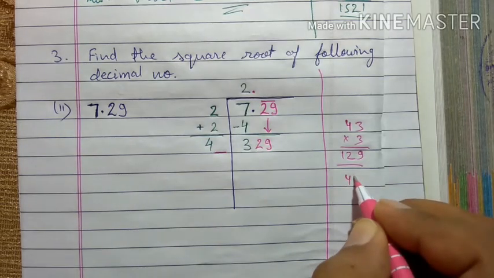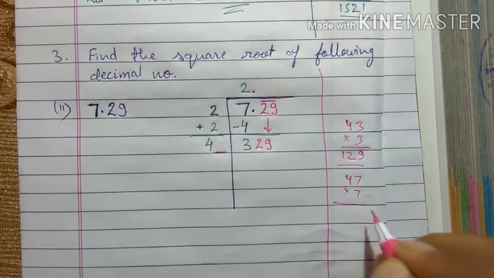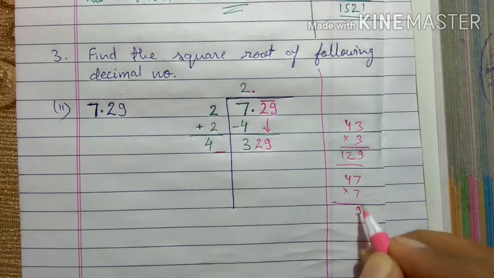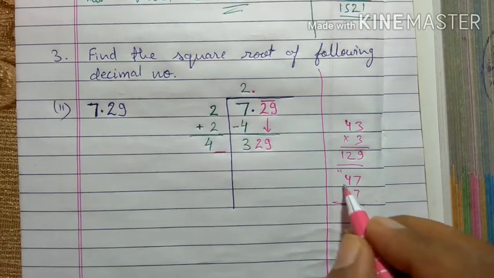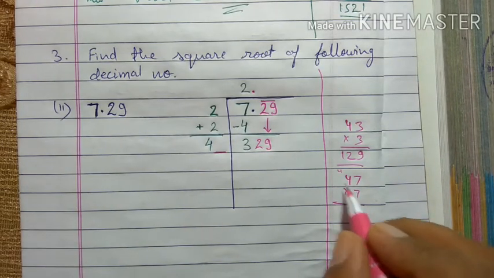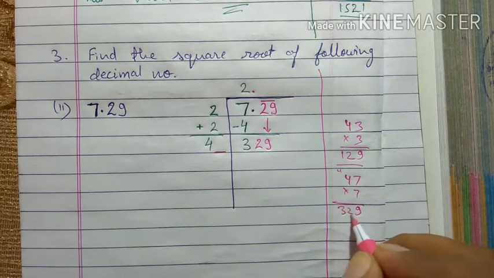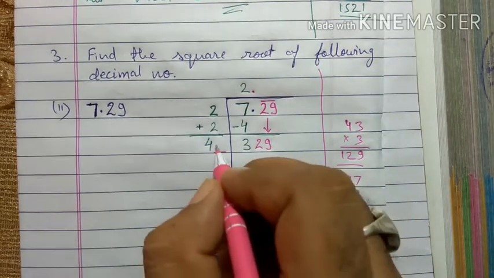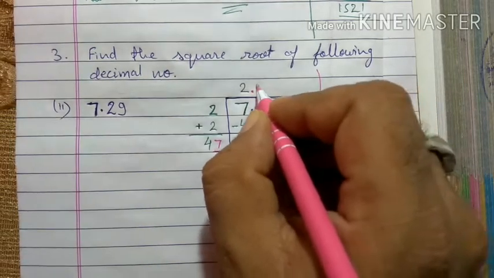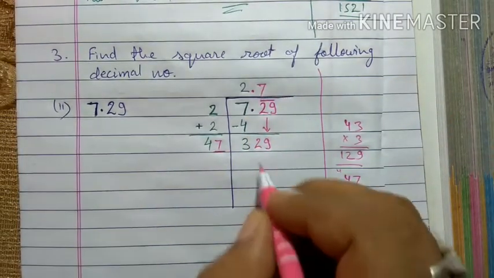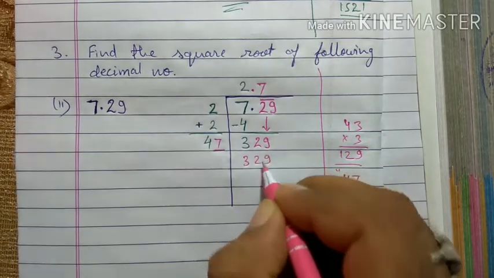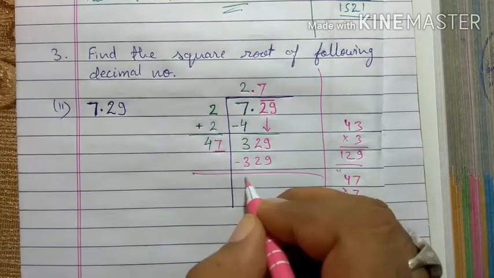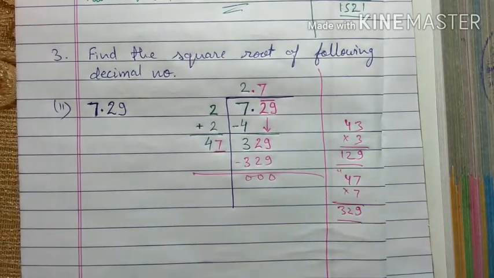So 47 into 7, we have to check: 7 7s are 49, and 7 4s are 28, 28 plus 4 is 32. Yes, we receive 329. So we take 7 here, and write 7 here also, and the result is 329. Then we subtract and the remainder is 0.